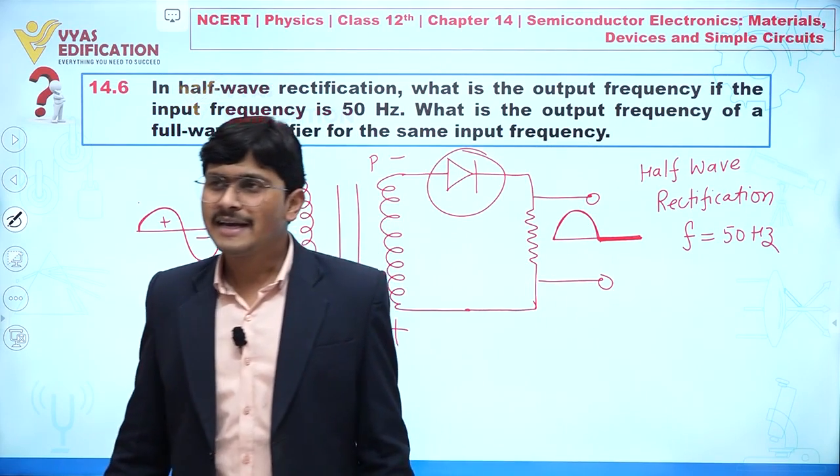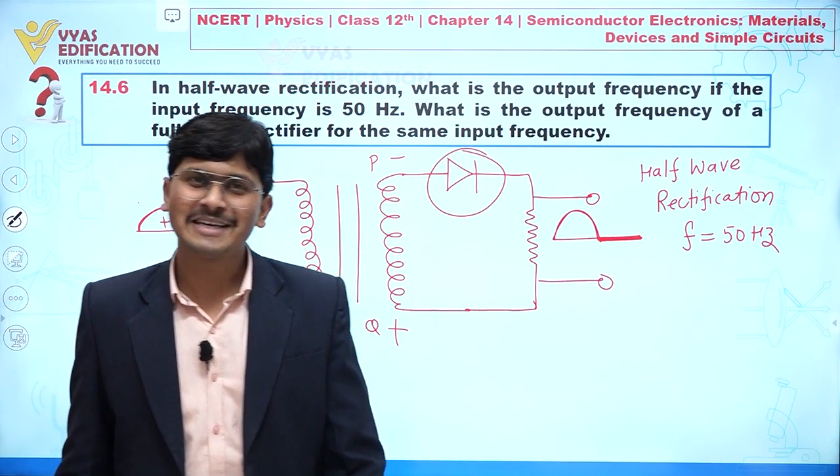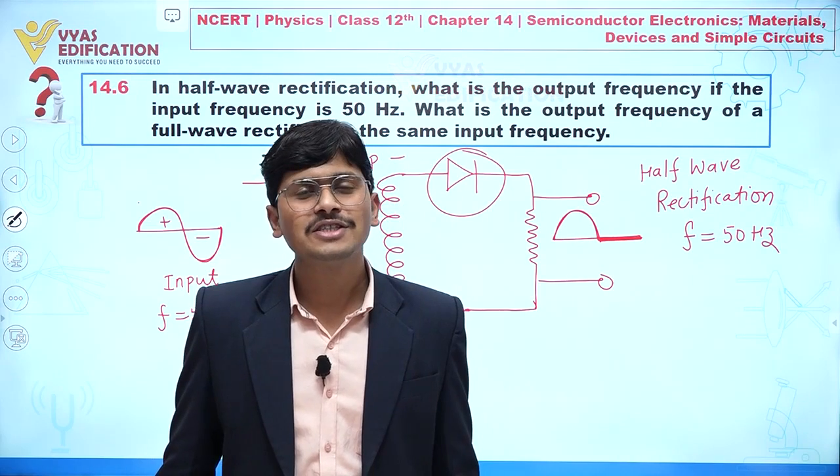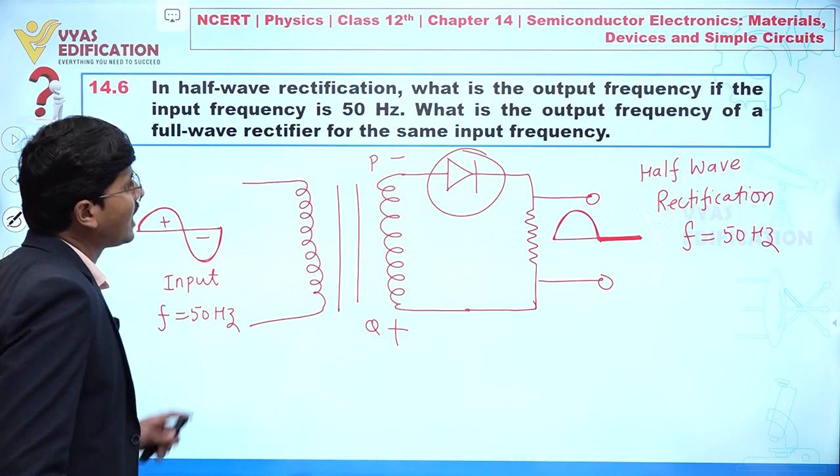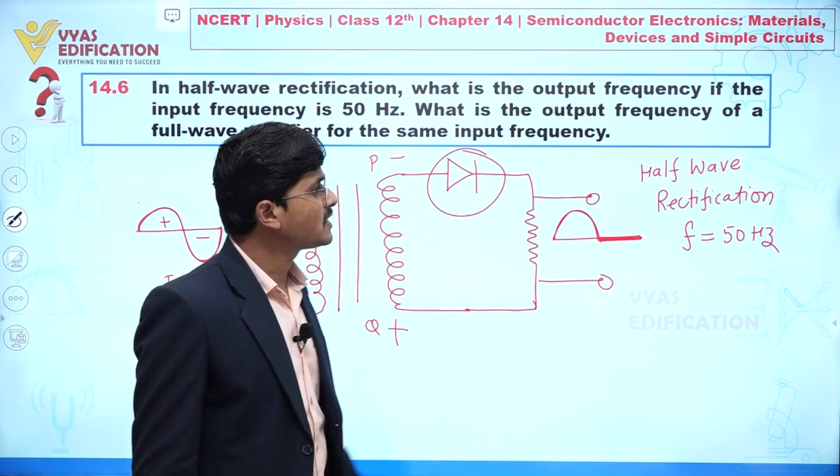And what do you understand by rectifier? A rectifier is a device which is used to convert AC into DC. So in half wave rectification the output frequency is 50 Hz.